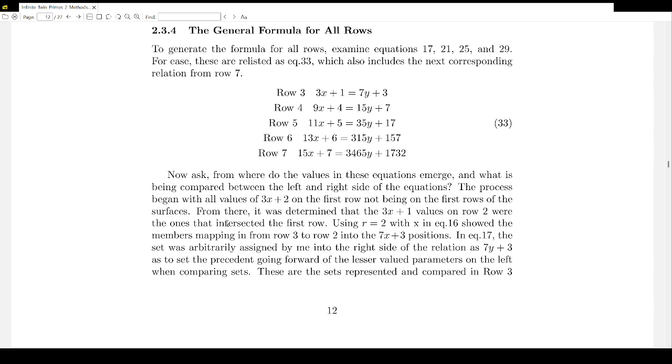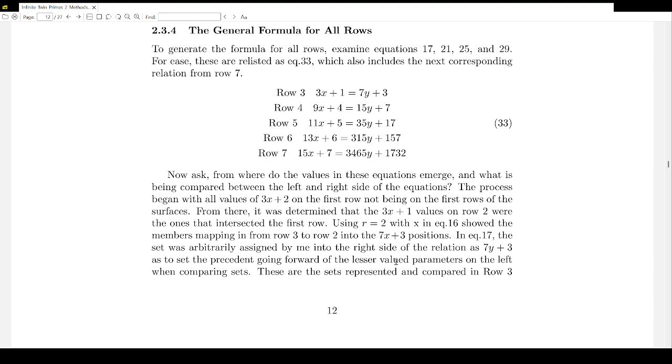The process began with all values of 3x plus 2 on the first row not being on the first rows of those other surfaces. From there, it was determined that the 3x plus 1 values on row 2 were the ones that intersected the first row. Using r equals 2 with x in equation 16 showed the members mapping in from row 3 to row 2 in the 7x plus 3 positions.